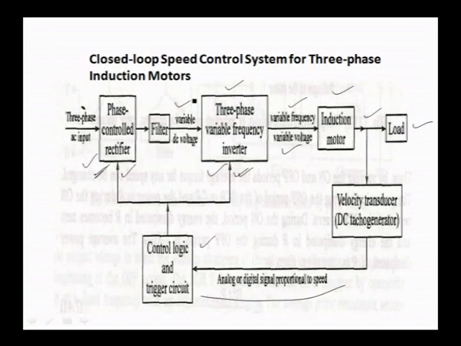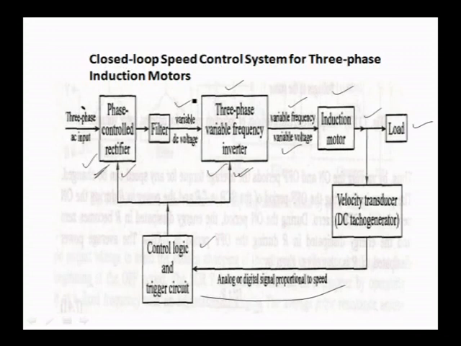So, if you vary voltage or frequency, you have to maintain the flux constant. That is why this is called variable frequency, variable voltage. If you vary both V and F, the flux can be maintained constant. The relation we know is that voltage is proportional to frequency and flux.